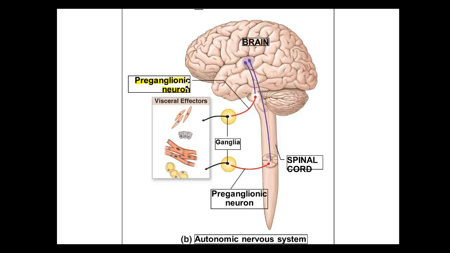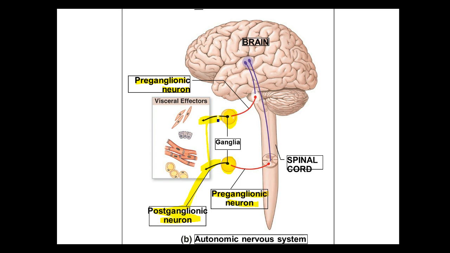Ganglia are just groups of cell bodies clustered together. So we have lots of cell bodies in this area because we have lots of motor neurons in here. That first motor neuron, the preganglionic neuron, is going to communicate with this second motor neuron in the ganglia. We call the second motor neuron postganglionic neurons. So this right here is your postganglionic neuron, and so is this one.